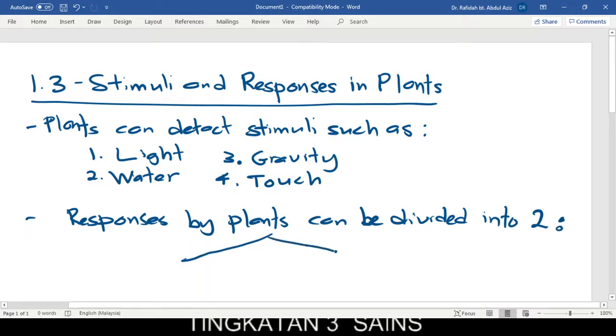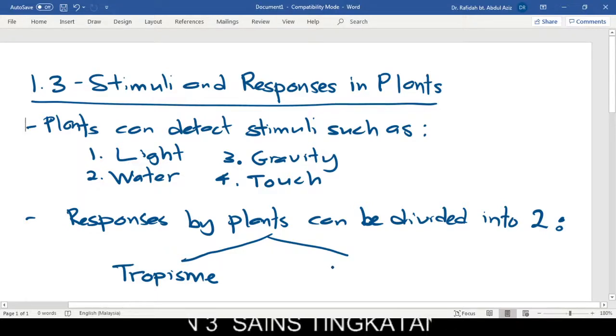The first one, we call it tropism, and the second is Nastic movement.